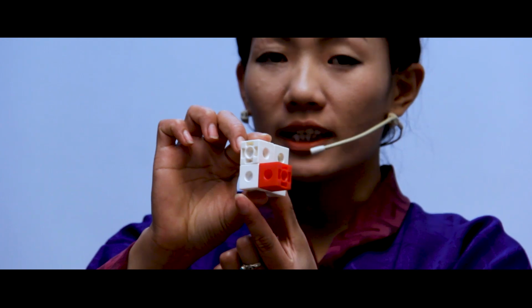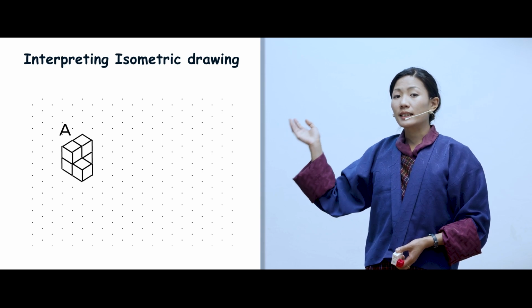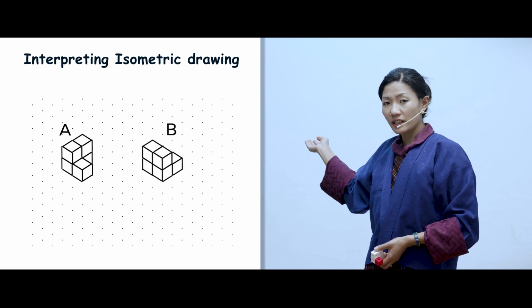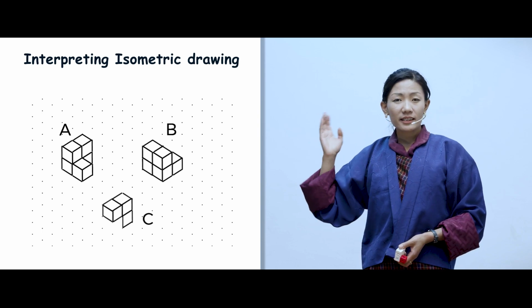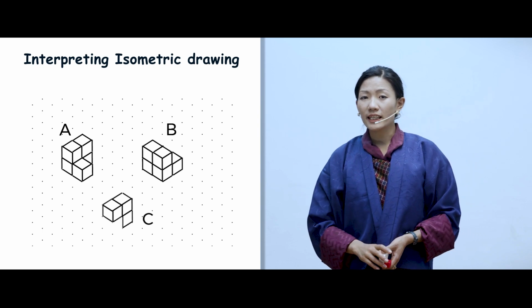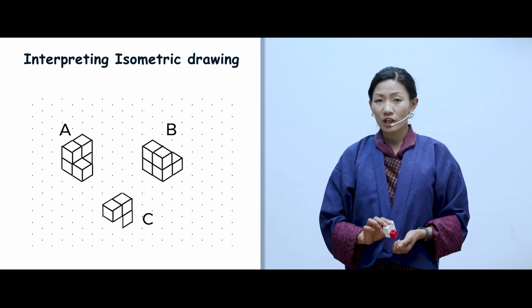Okay? Alright, now let's look at the drawings. Look at drawing A. Now look at drawing B and C. Look at these three drawings carefully and tell me which of them are of the same structure.